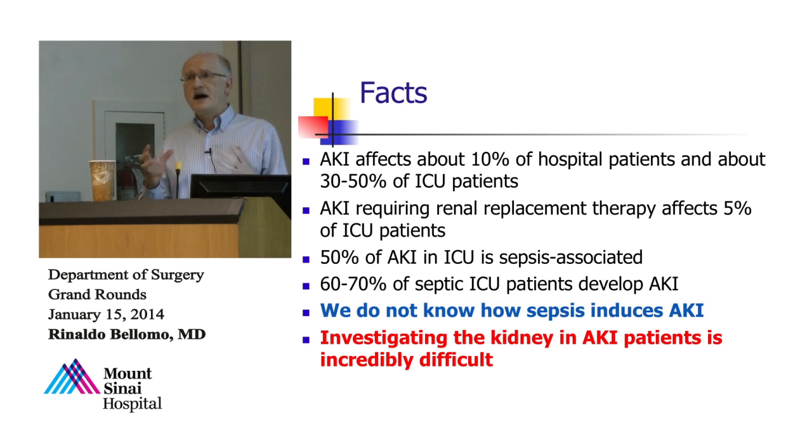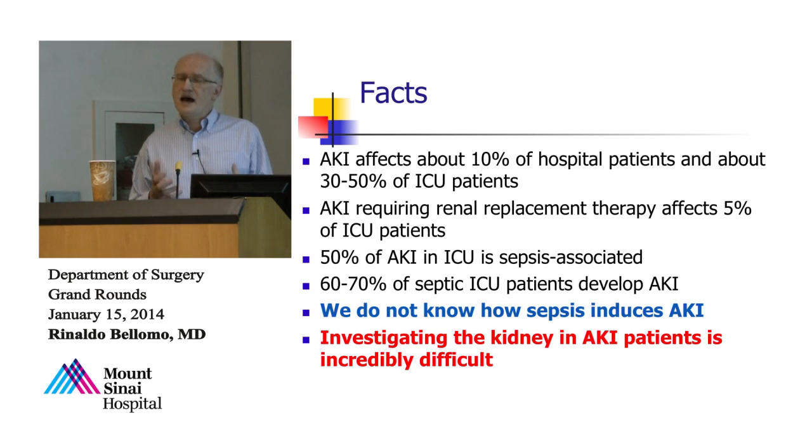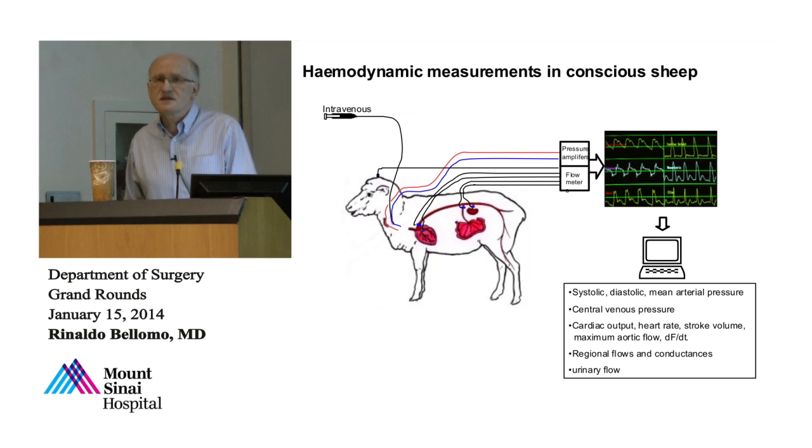But despite the frequency, the importance, the bulk of morbidity associated with it, we have a limited understanding why and how sepsis induces acute kidney injury, and that is because it's incredibly difficult to investigate the kidneys in human beings in a sufficiently invasive and detailed way to allow you to understand what might be happening.